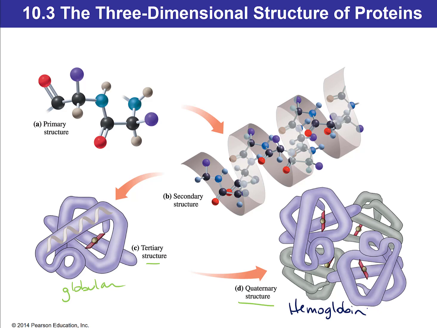What are those things that are attached? So what is that piece? There's 4 of them. What does hemoglobin have in addition to just protein? It's what makes a red blood cell red.